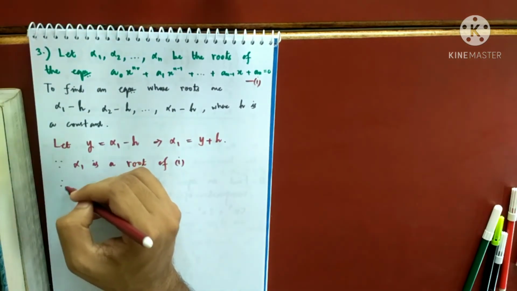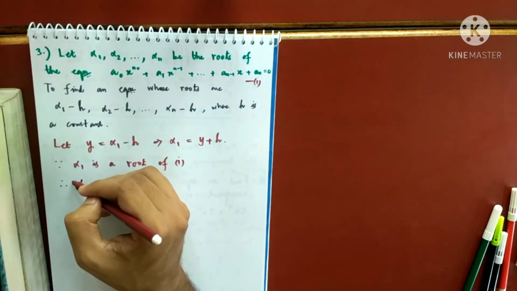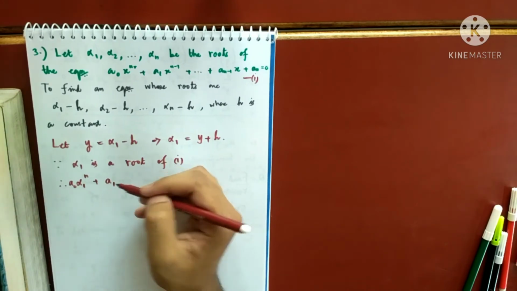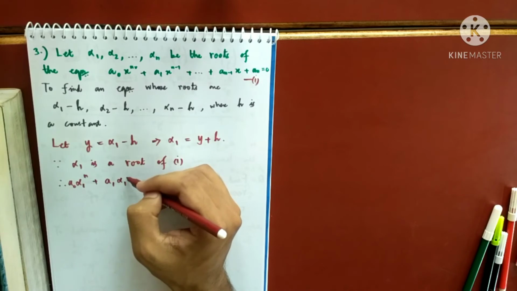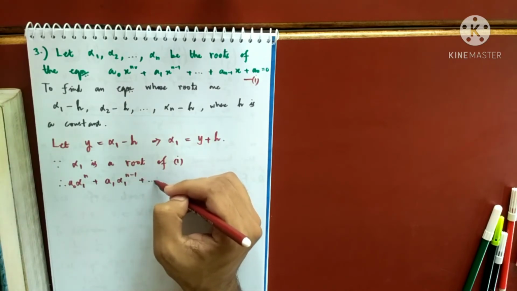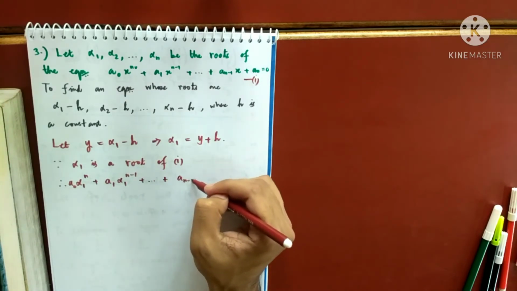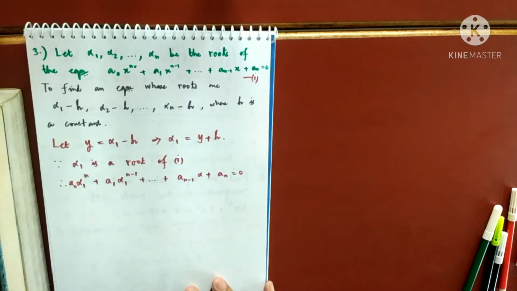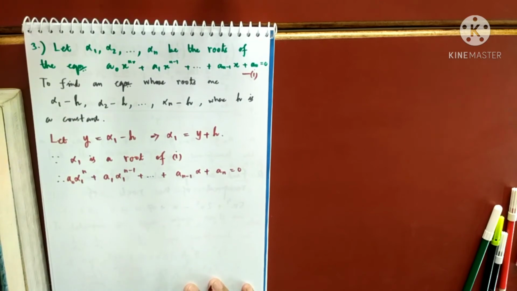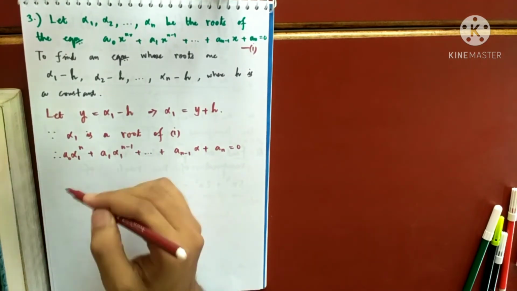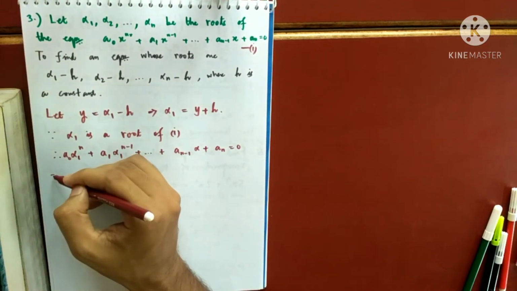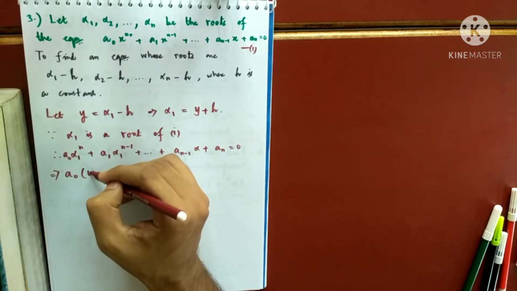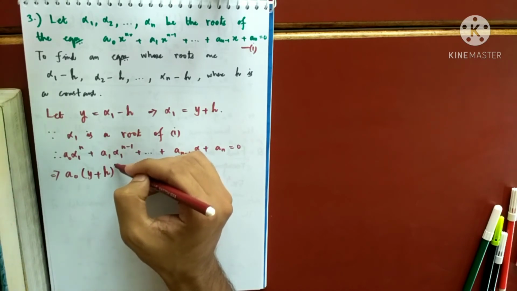So what will happen? a0 alpha 1 to the power n plus a1 alpha 1 to the power n minus 1, plus up to an minus 1 alpha plus an equals to 0. Now what I'll do, I'll put y plus h everywhere.